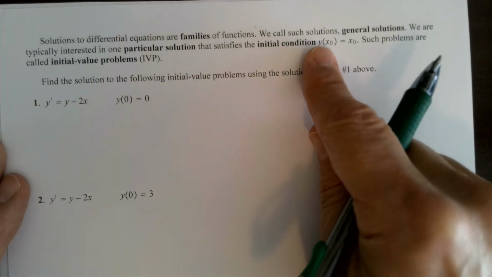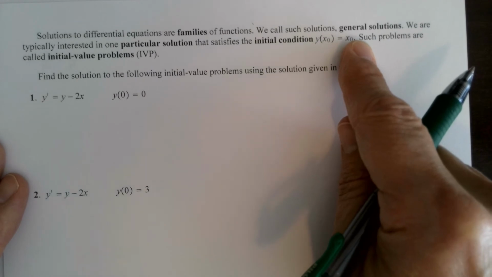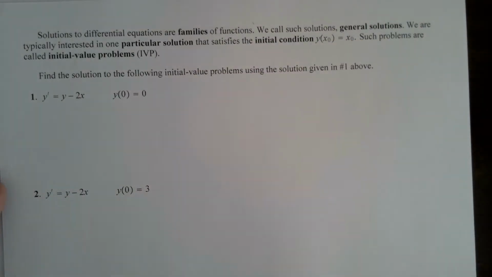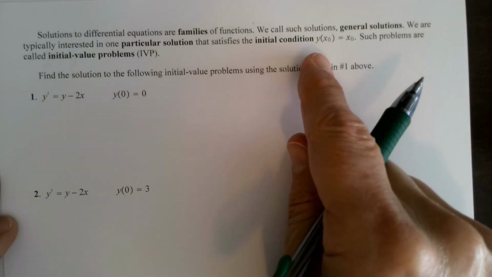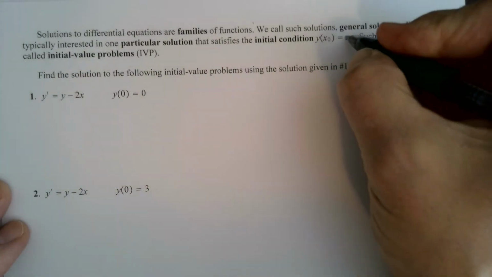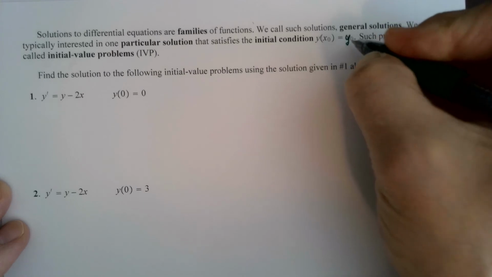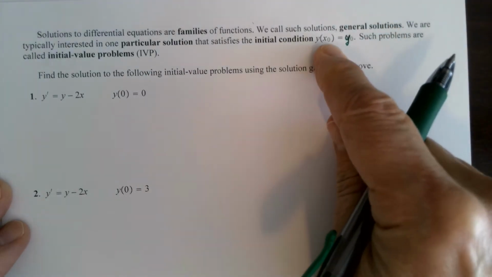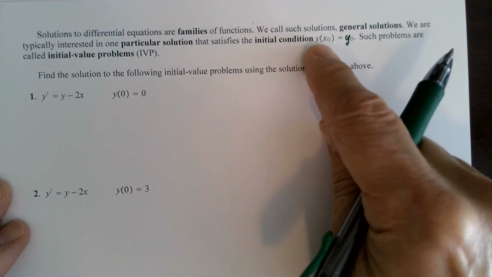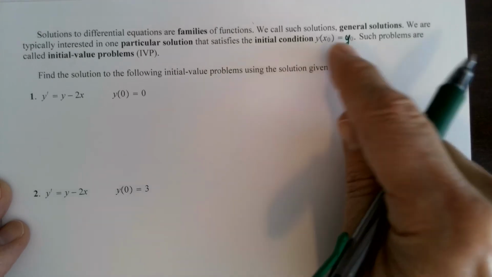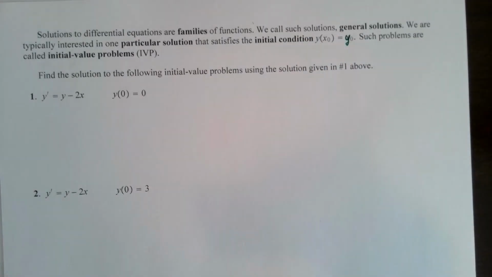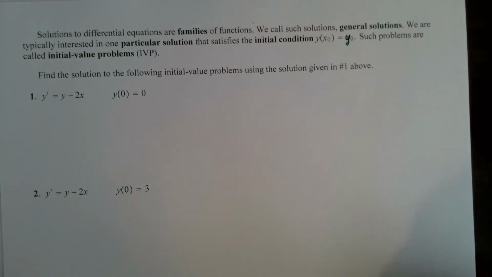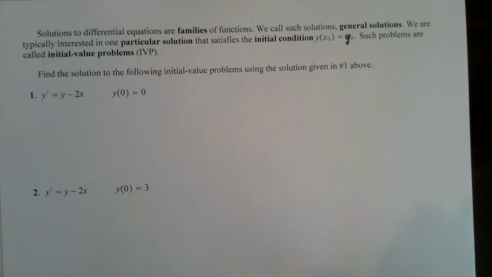We call such solutions general solutions, but typically we're interested in one particular solution that satisfies some initial condition. This should be y sub 0. In other words, this x sub 0, the initial value of x, gives us some initial value of y. So that fixes the actual function we're looking for. And such problems are called initial value problems.